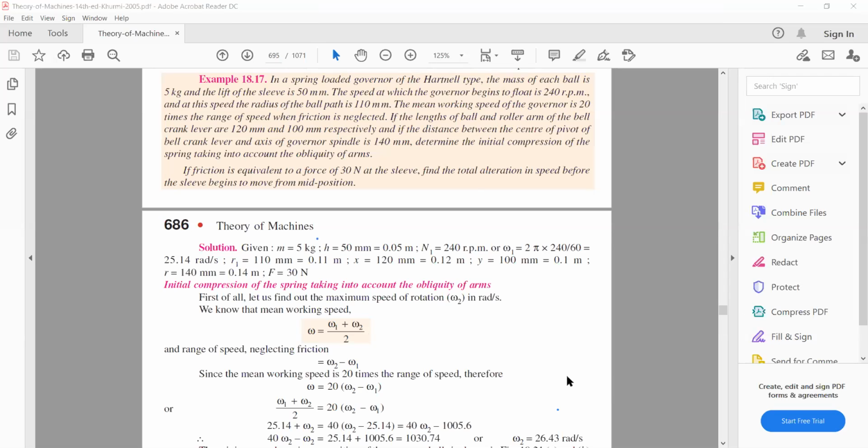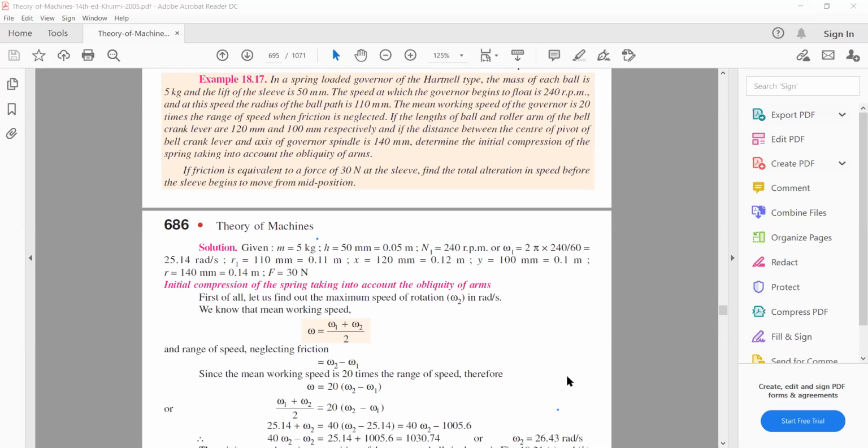Next problem. In a spring-loaded governor of the Hartnell type, the mass of each ball is 5 kg and the lift of the sleeve is 50 mm. The speed at which the governor begins to float is 240 rpm, and at this speed the radius of the ball path is 110 mm. The mean working speed of the governor is 20 times the range of the speed when the friction is neglected.